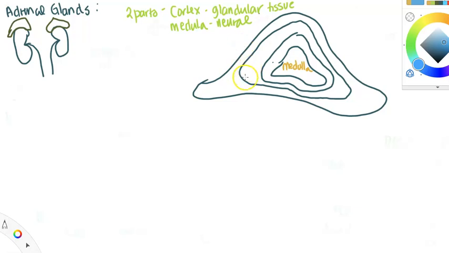So the first layer on the outside, which we're going to color blue here, is called the zona glomerulosa.